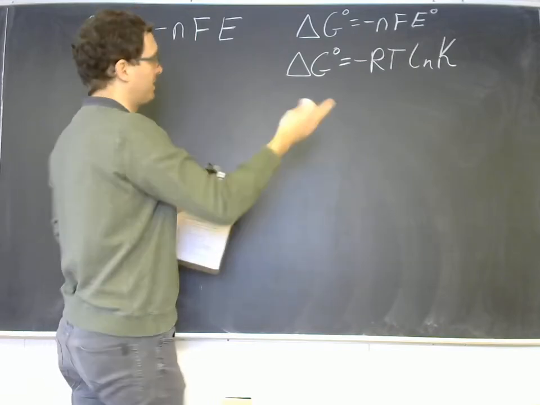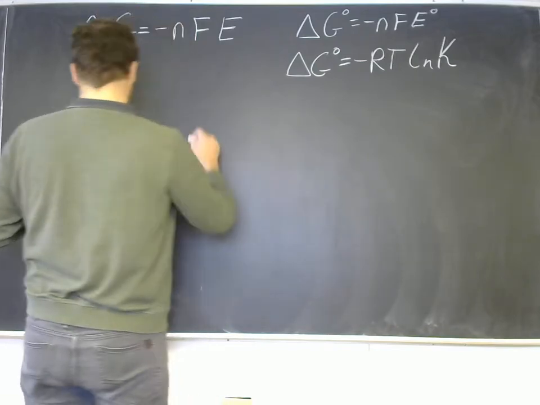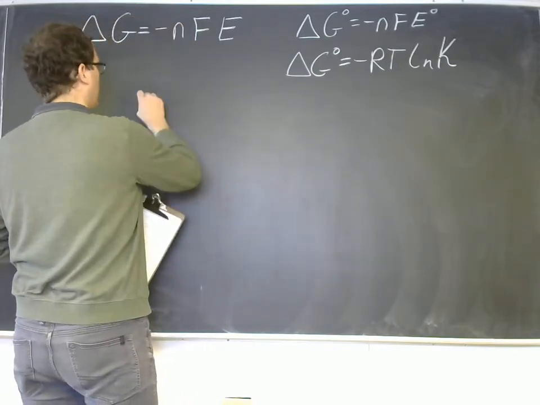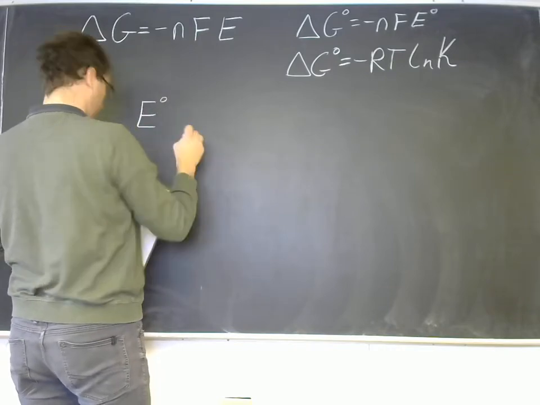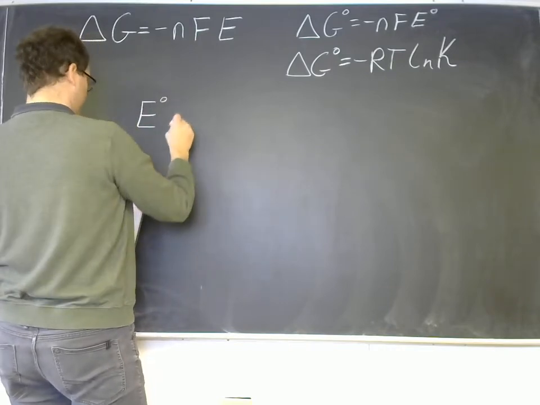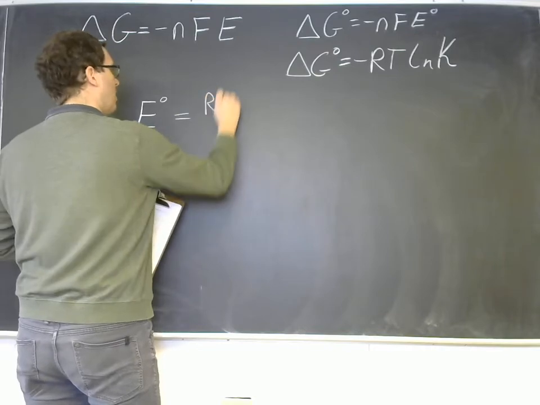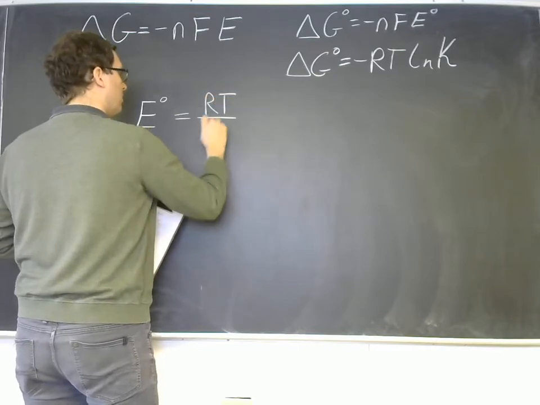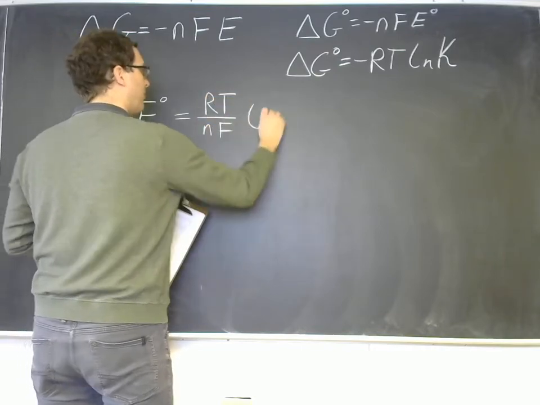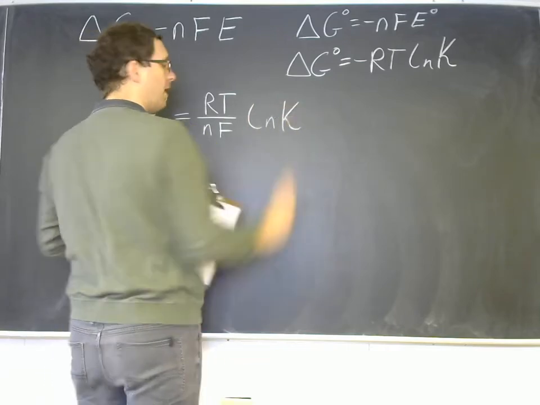So E naught can be expressed different ways, but usually we say E naught is equal to RT over NF ln of K.